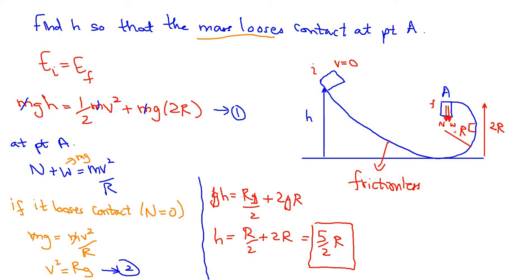The difference is that at this point the normal force is towards the center, and the weight is straight down. So this is the weight, this is the normal force.